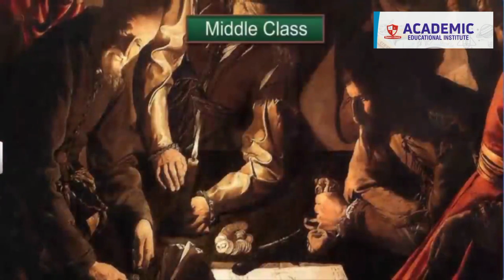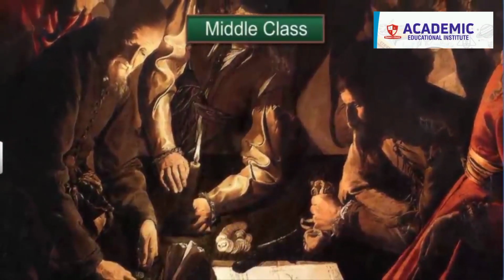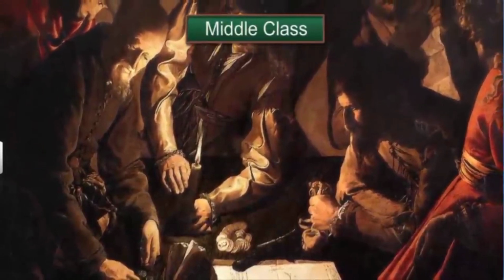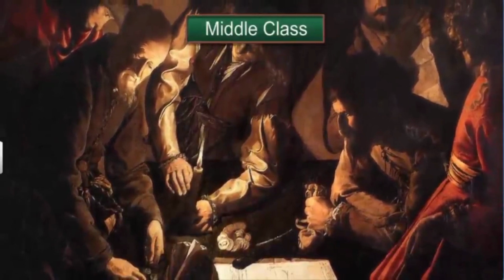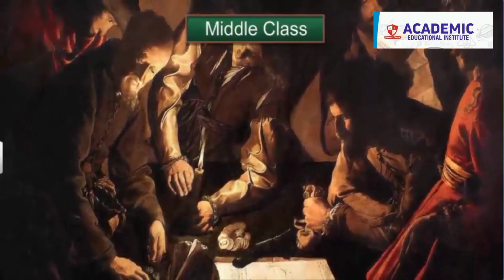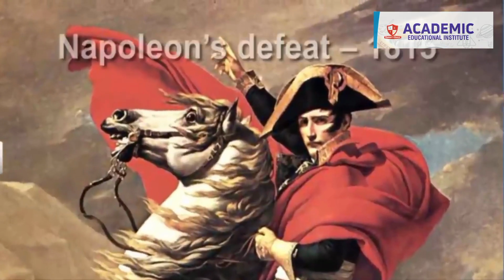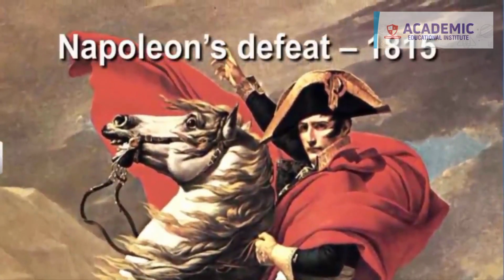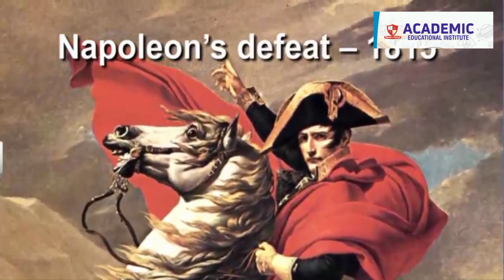You have read earlier that during the 19th century, the upcoming middle class had tasted the ideas of liberalism. Liberalism was used by them as a tool to end aristocracy and clerical privileges. Another crucial event of this time was the defeat of Napoleon Bonaparte at Waterloo in 1815.